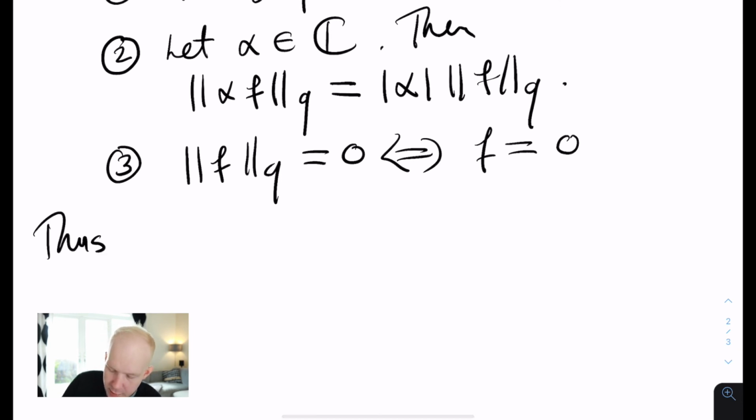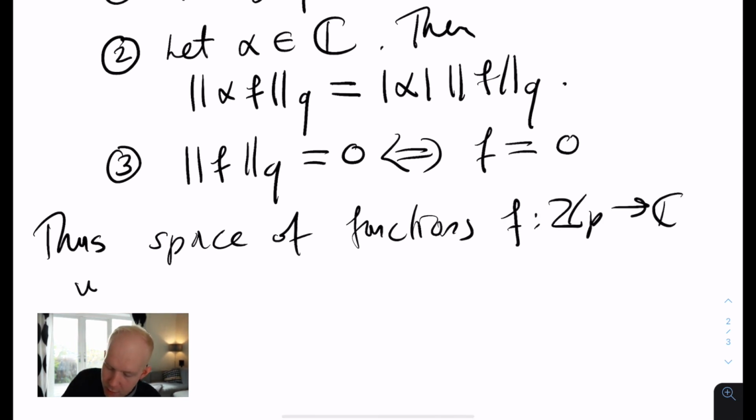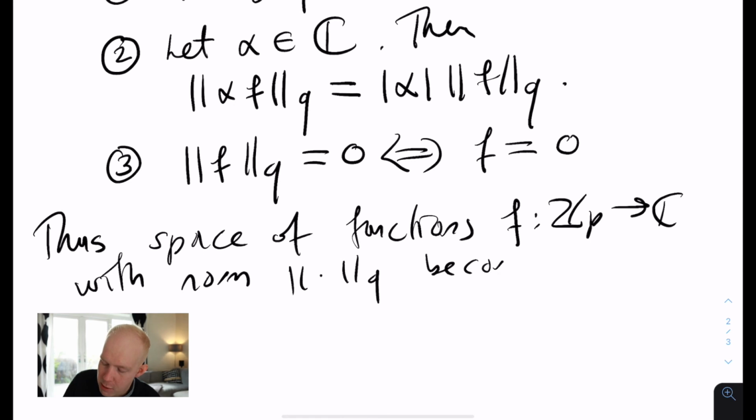So the space of functions f from Z_p to C with norm, let's say, the q norm of f becomes a norm.